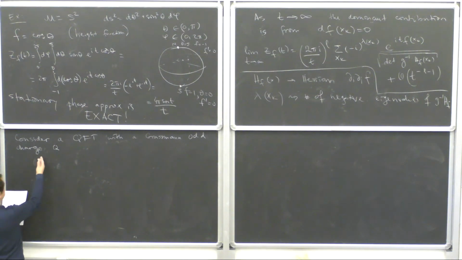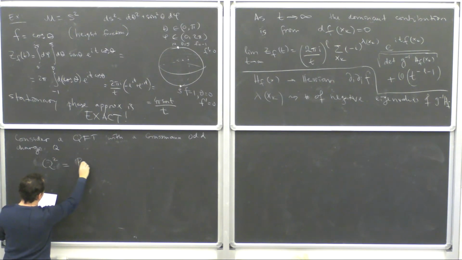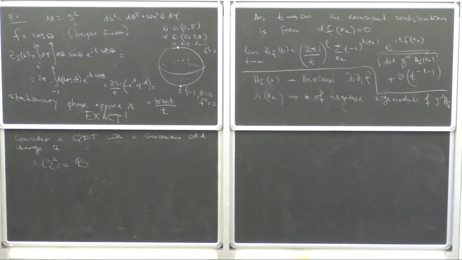And then this Q, schematically, will square to a bosonic symmetry. So this is a very schematic equation.